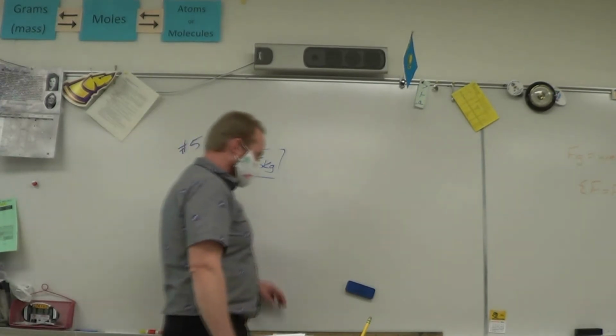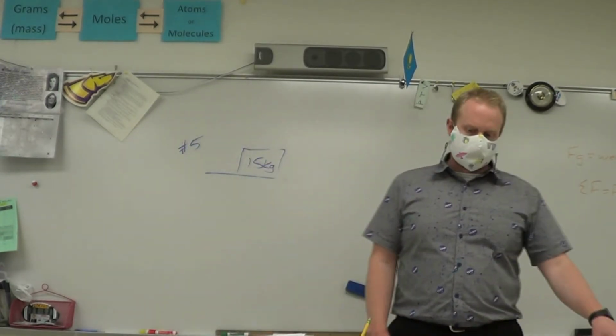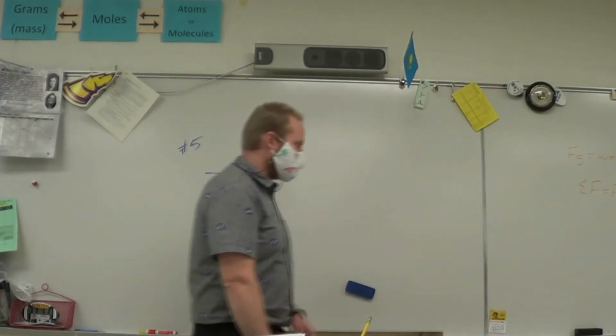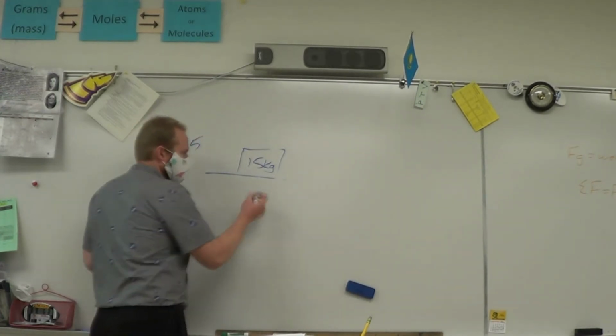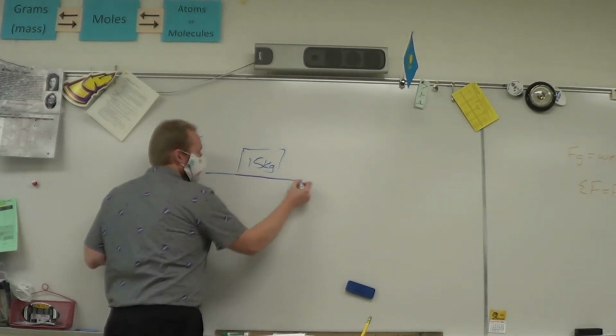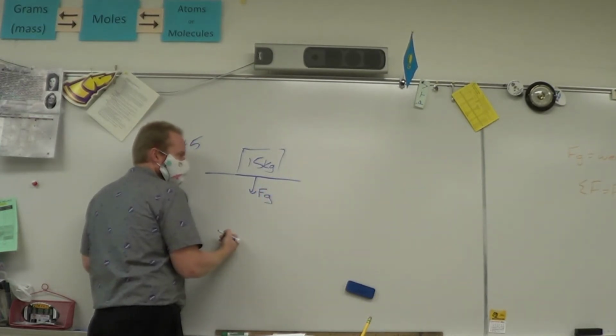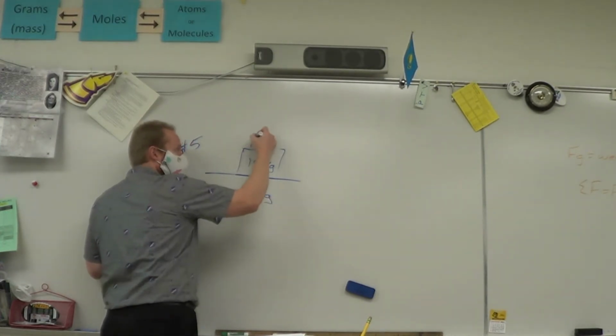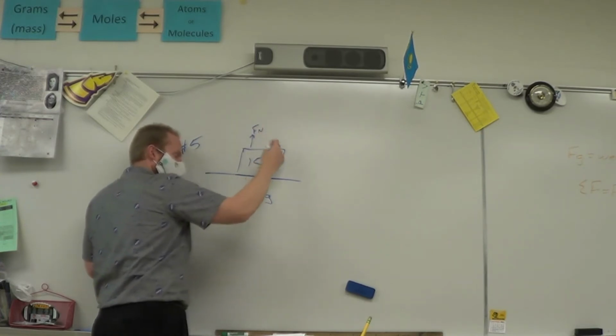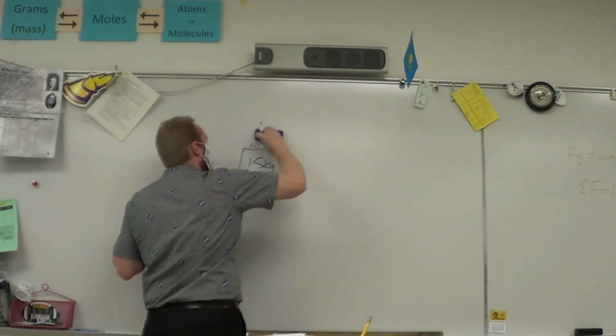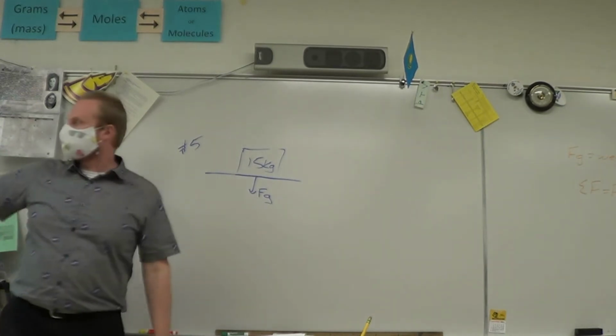So here's my 15 kilogram block. What forces are acting on my box? Gravity. We have a force of gravity. Normal. We have a normal force, perhaps. Yes, there's a normal force. How do we know? Because it says, what is the normal force?